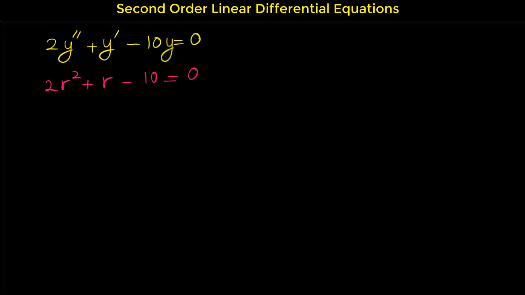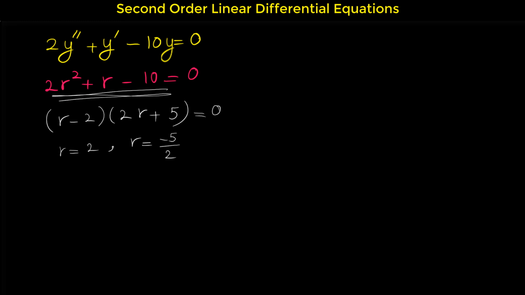If you factor this, you can factor it like this: r minus 2 times 2r plus 5 equals 0. If you multiply this by this, you get the same equation. If we set this bracket equal to 0, r equals 2, and if we set the other bracket equal to 0, r is negative 5 over 2.